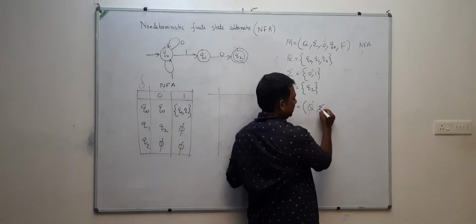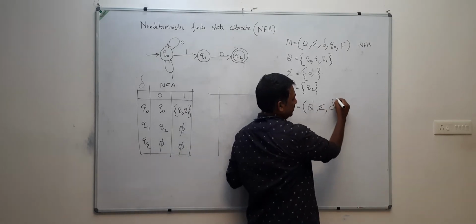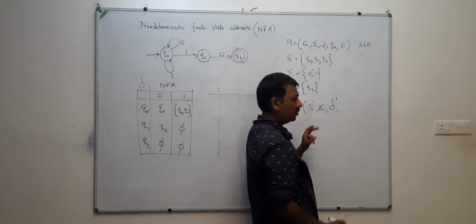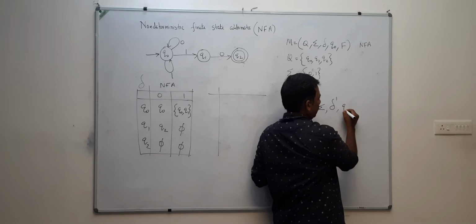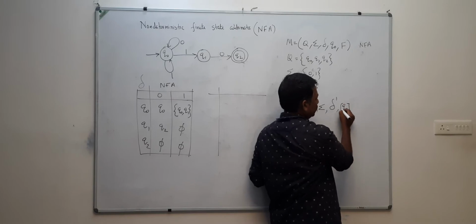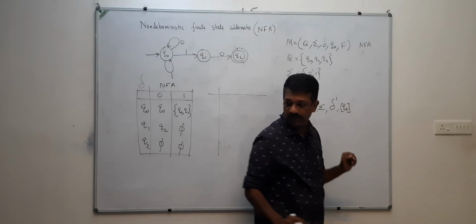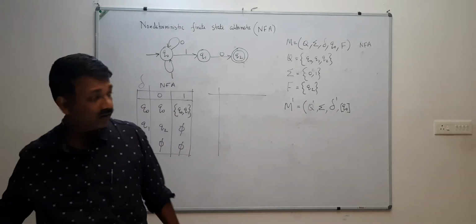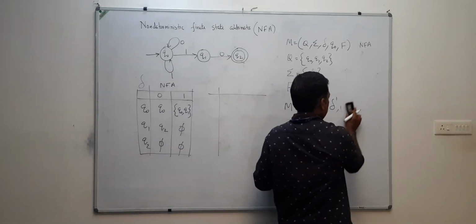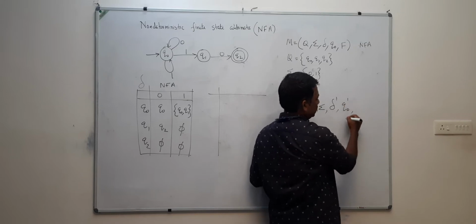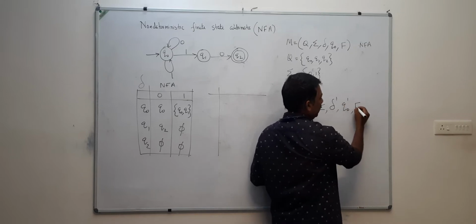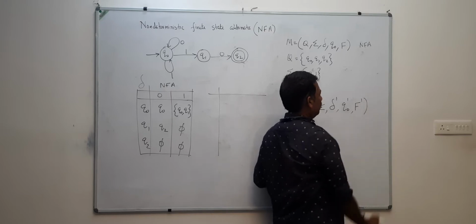Sigma, the input alphabet, is the same. Transition function delta dash, that means you are going to redefine delta dash. The new start state is Q0, or simply you can write it as Q0 dash, and F dash is the set of final states.